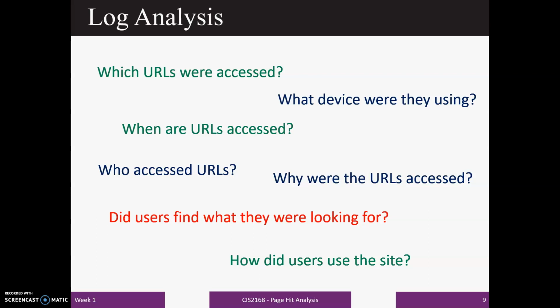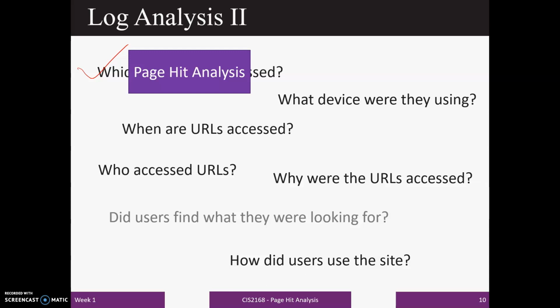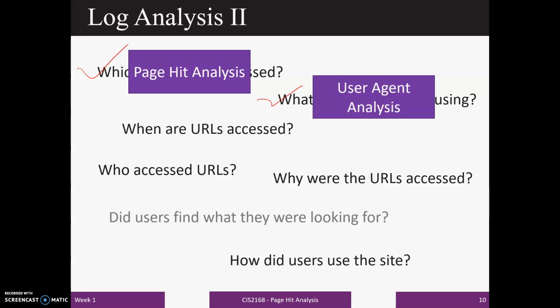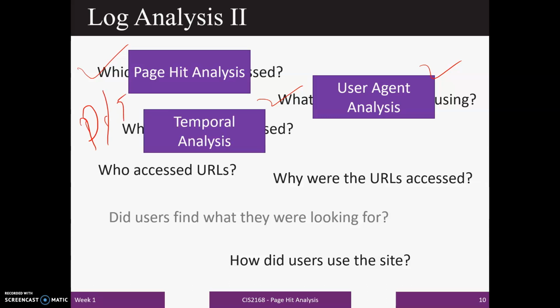For example, if you want to find the answer to the question of which URLs were accessed, then you need to perform page hit analysis. For getting the answer to what device the client is using, you need to perform user agent analysis. In order to get information about when URLs were accessed, that is date and time related information, you need temporal analysis.